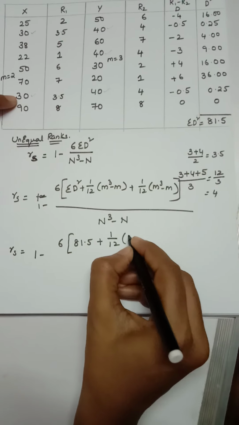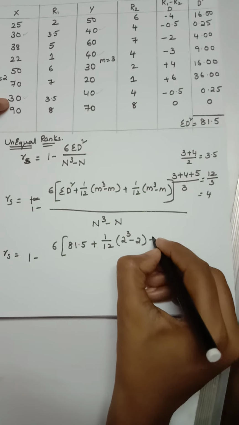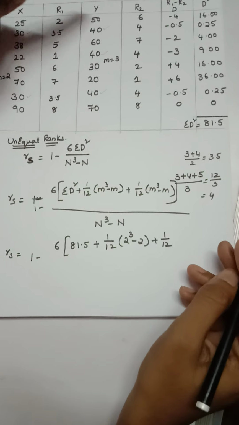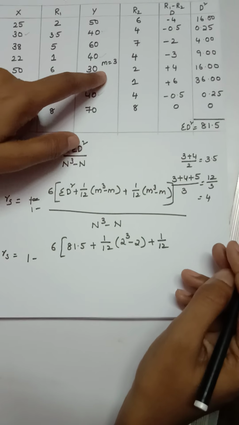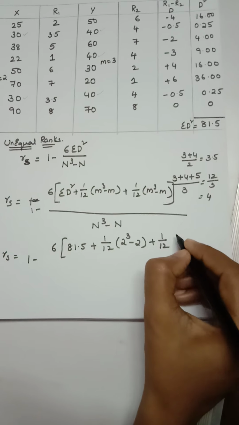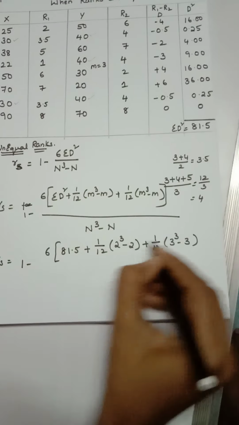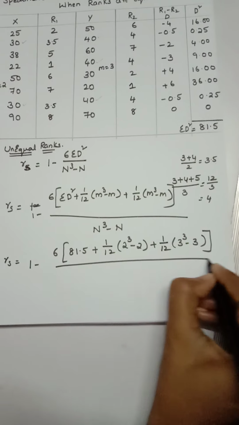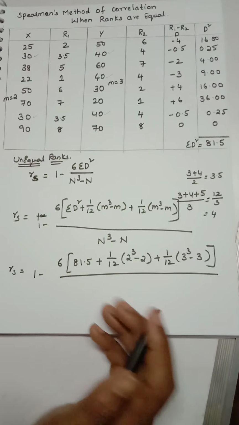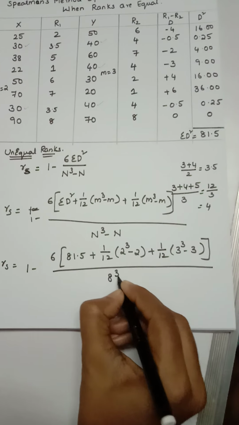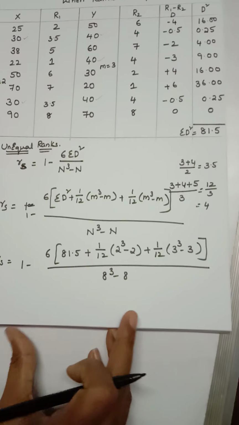That's the reason I take m as 2, 2 cube minus 2, plus again in the second set, coming to the Y series, 40 is repeating how many times? 3 times. That's the reason m is equal to 3. So 3 cube minus 3, close the bracket, divided by the number of observations: 1, 2, 3, 4, 5, 6, 7, 8. 8 observations are there, so 8 cube minus 8. These are the values we need to substitute and solve.